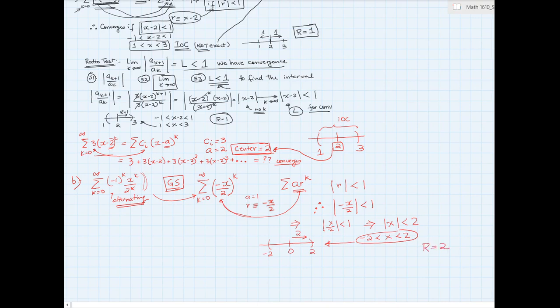So r is 2 and the center is 0. Now if you go back here to my original power series, you notice that it has x to the power k. So therefore a must be 0 because it's supposed to be x minus a raised to the power k. So the center is 0. That's why I have x to the power k. So it checks out.